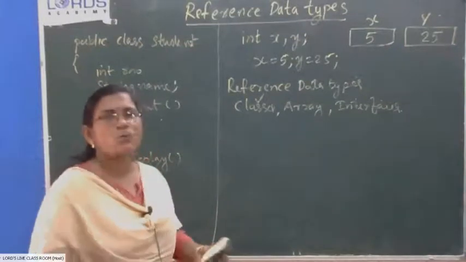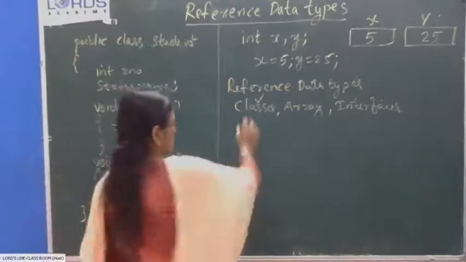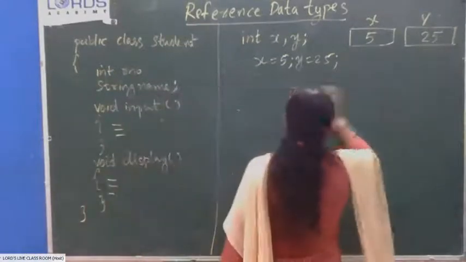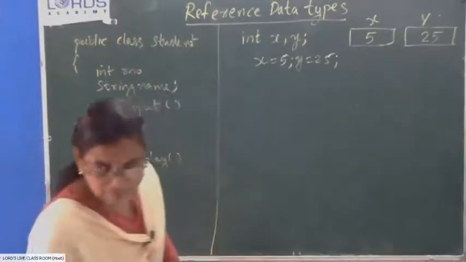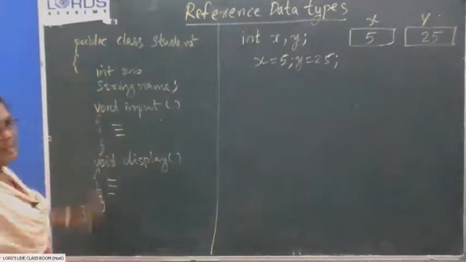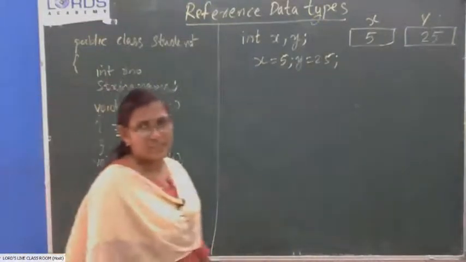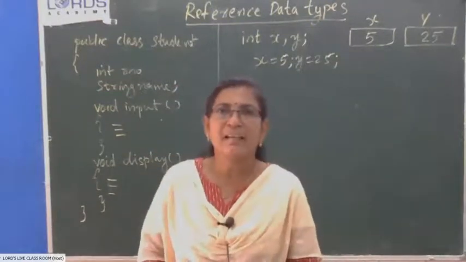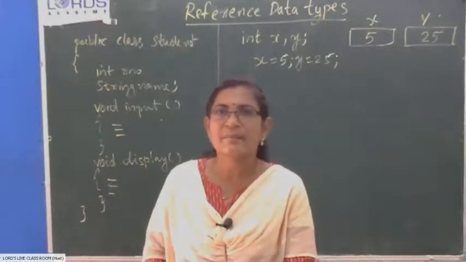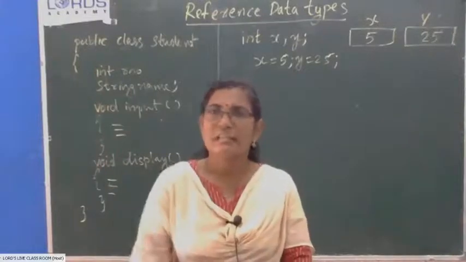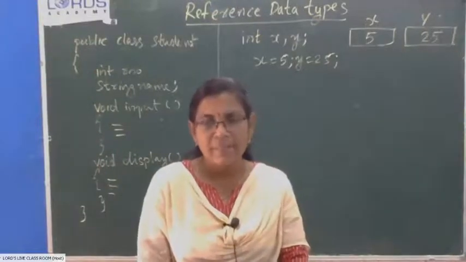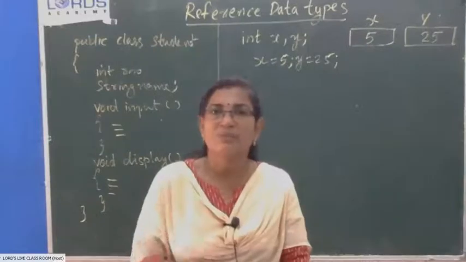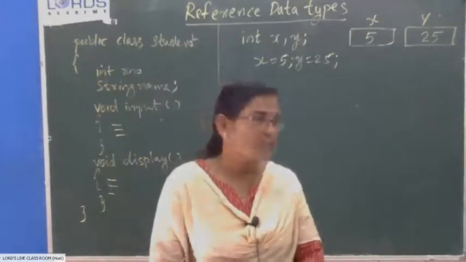Now, let us see how to create an object of this particular class and explain what a reference data type is in the simplest form. This is a class. I want to create an object of this class. To store anything in memory, we have to declare variables. Create an object of the class Student, and I have to get the reference where in memory that Student object is created.